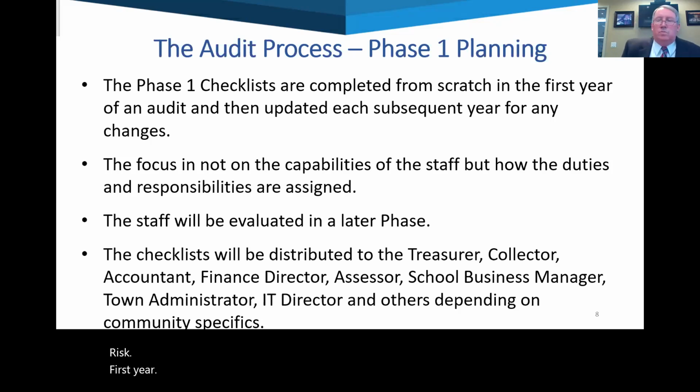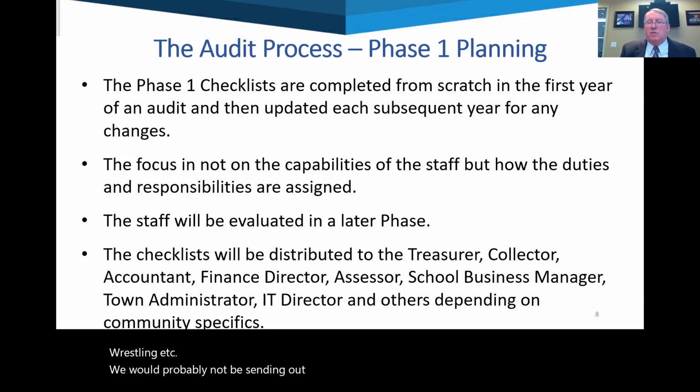So if you use Munis, for example, and you have a system in place, and we documented that from the previous year through the use of checklists and conversations and testing, etc., we would probably not be sending out those checklists again.